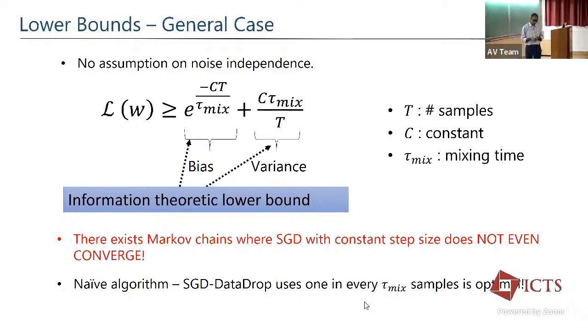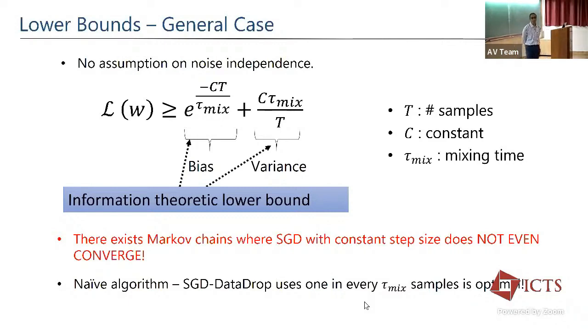So here what we are saying is that the error again can be broken into a bias and a variance term, and both the bias and the variance term have to pay a penalty because of this mixing time. The rate of decrease of the bias has slowed down by this factor tau mix. And similarly, your variance has increased by this factor of tau mix, right?